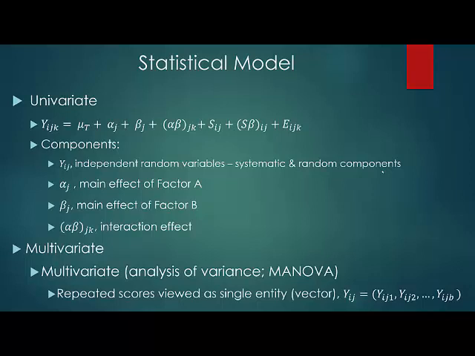The model is their score is equal to mu, so this would be the population mean, plus there's the main effect for factor A, so this is which group that they belong to on factor A, plus beta sub J, so this would be the main effect or the condition for factor B. So again, they could belong to one of 3 types of educators: administrator, teacher, or coach.